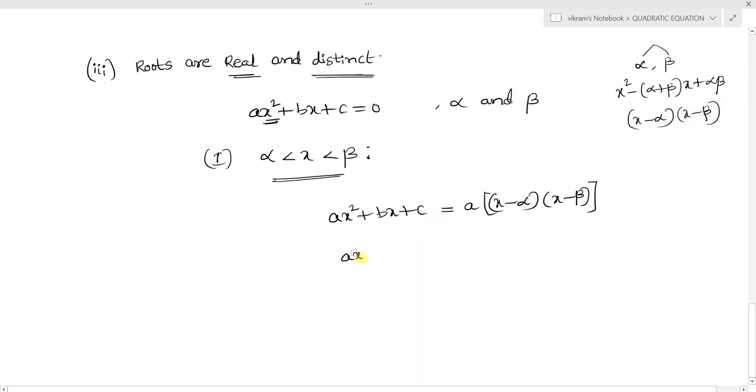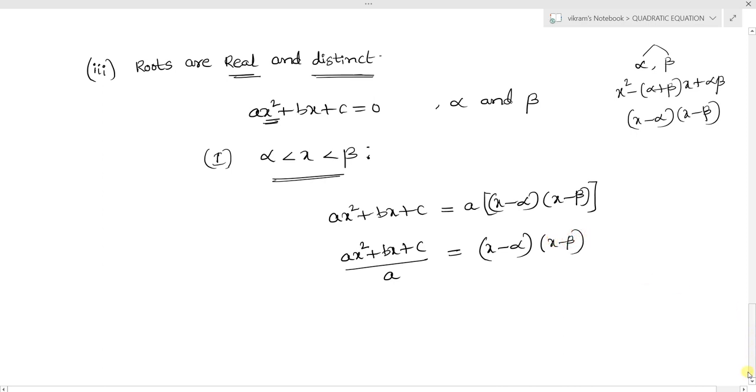Now we can write ax square plus bx plus c by a equals x minus alpha into x minus beta.